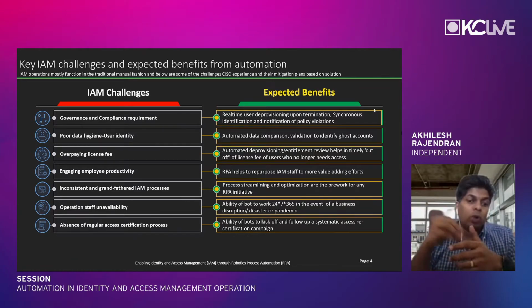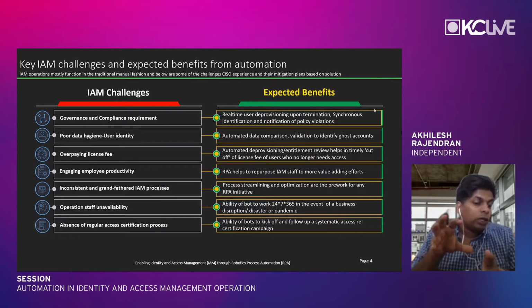If you see Walmart or Instacart, they have to onboard a lot of people, contingent staff, while at the same time soft deleting the furloughed staff. There may not be availability of staff to do this operation. So that's another use case where the bots, which can work 24 by 7, 365 days, come into business and can help you out.